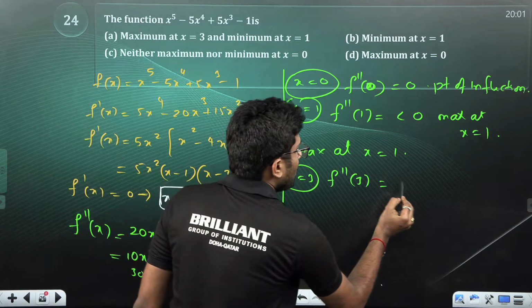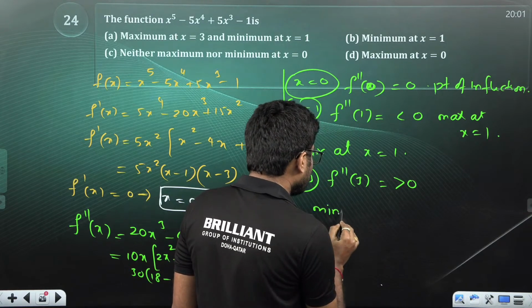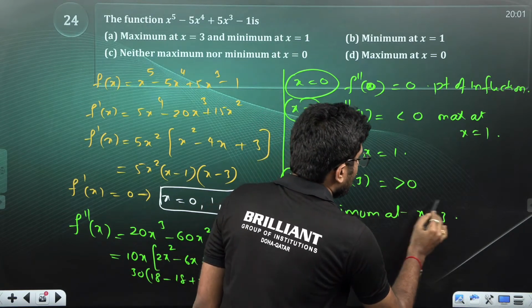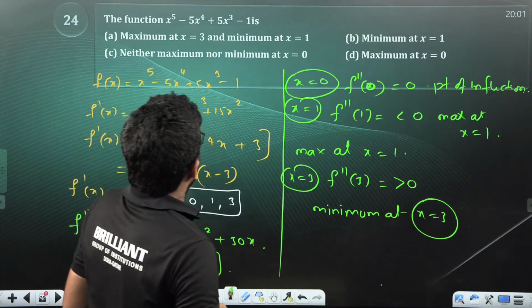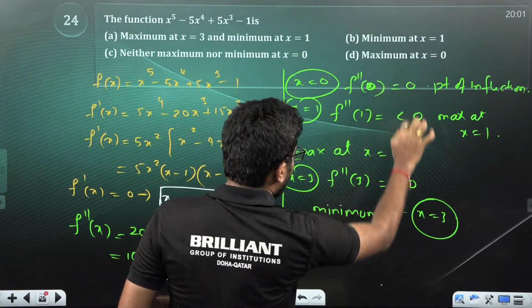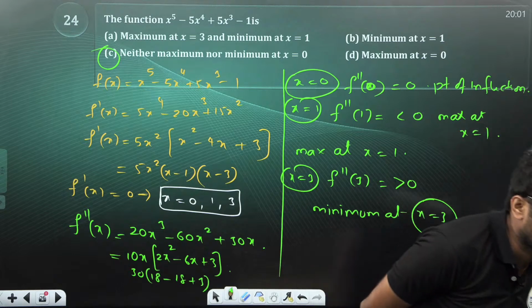Clearly we are getting positive. That means we get minimum at x is equal to 3. X is equal to 3 is the point of minima, and 1 is the point of maxima. Yes, exactly. Very good, Ashmita. Option C will be the correct answer.